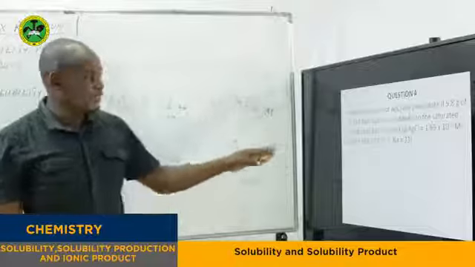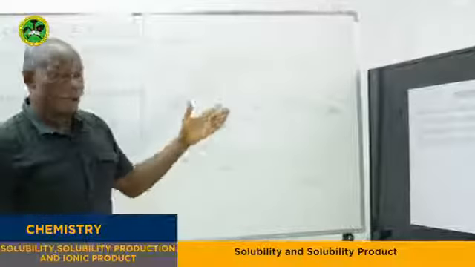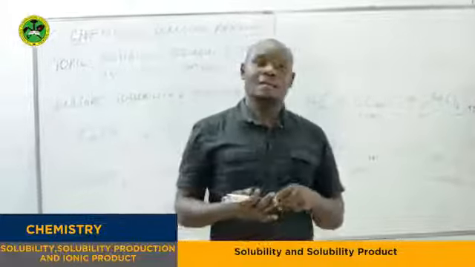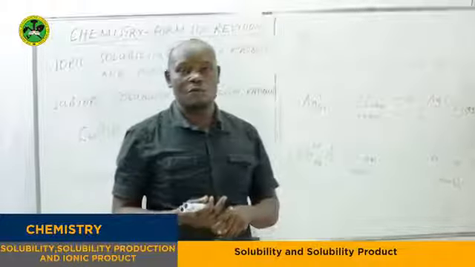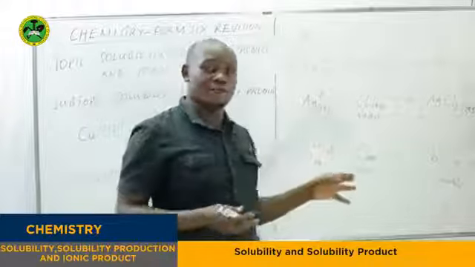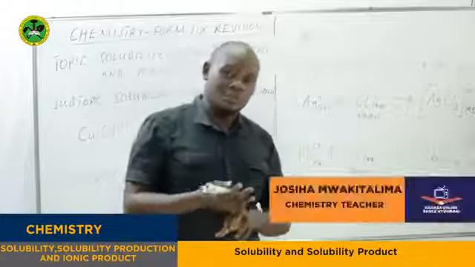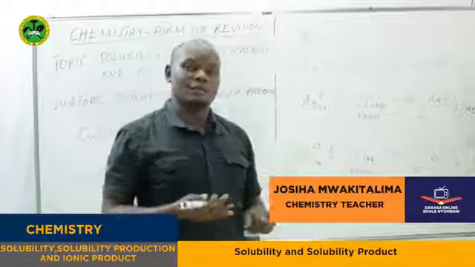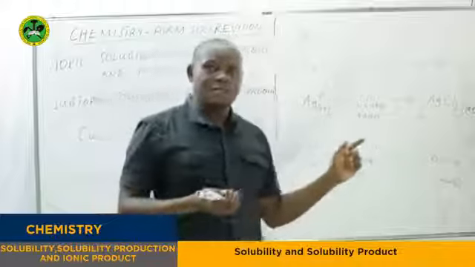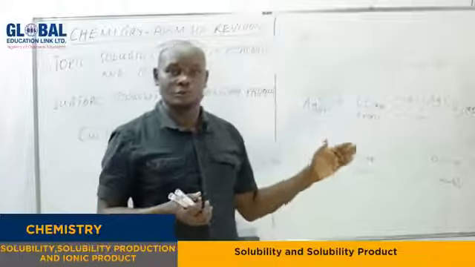From there, we have seen how you can determine the solubility and the solubility constant of a given sparingly soluble salt, and how these factors, the common ion effect and the formation of a complex compound, affect the solubility of a sparingly soluble substance.